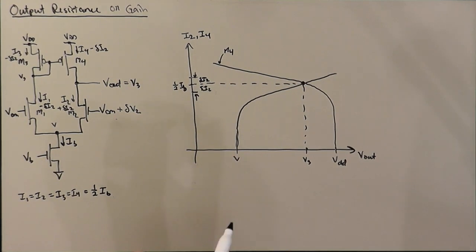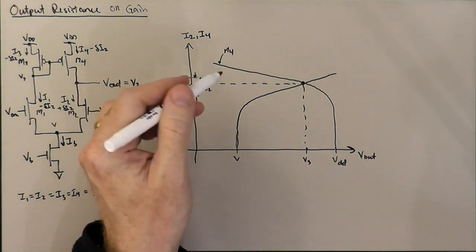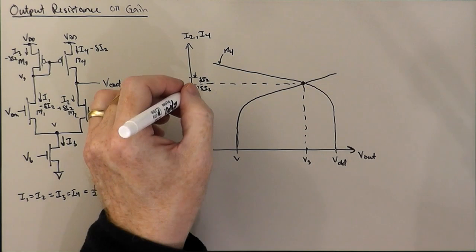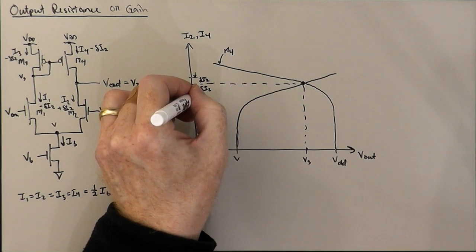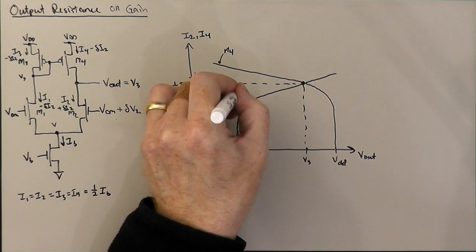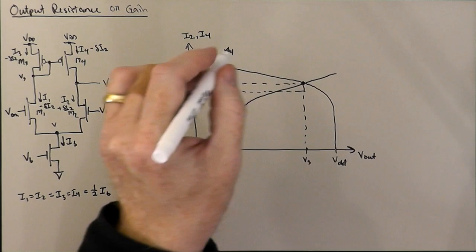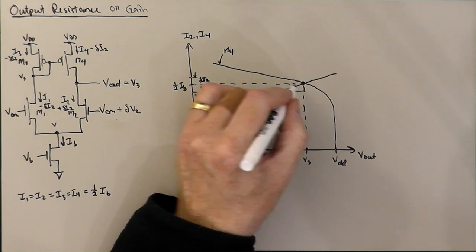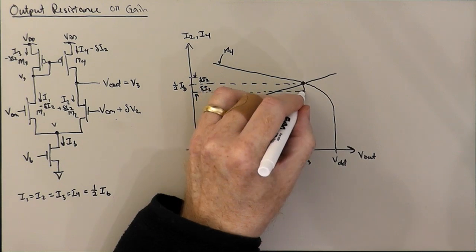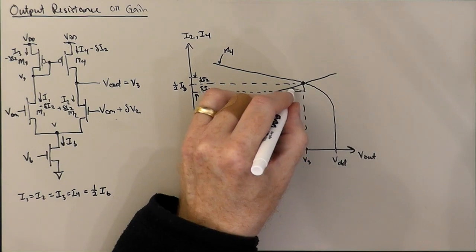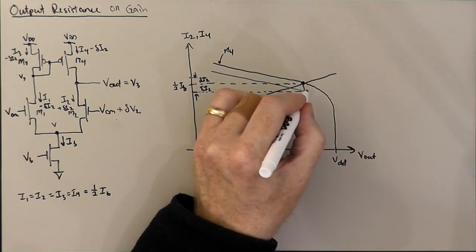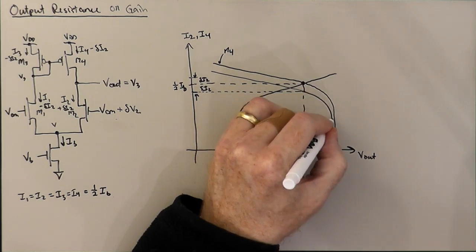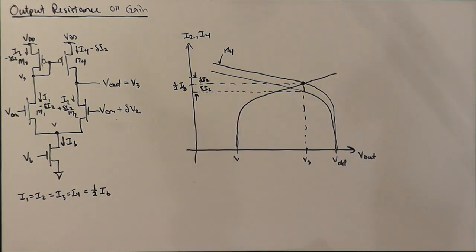Okay, so I4 is going to shift down by delta I2, which means that roughly we're going to see something more like that for M4.